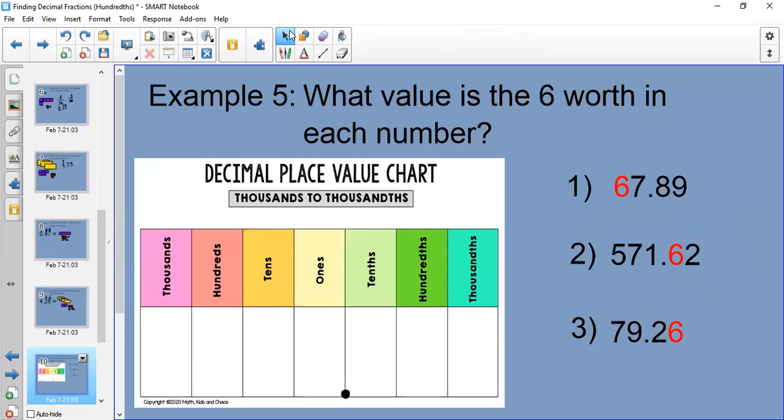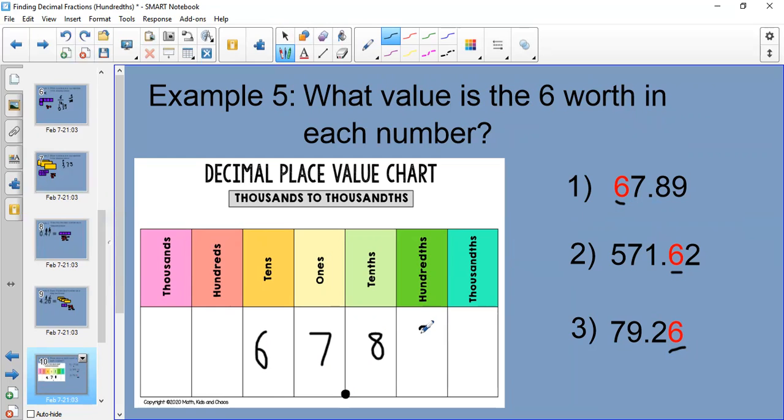Now, this is also another question that will come up as well. What value is the 6 worth in each of these numbers? What value is the 6 worth here, here, here? Right, 67.89. 67, the 6 goes here, the point is already in place, 89.